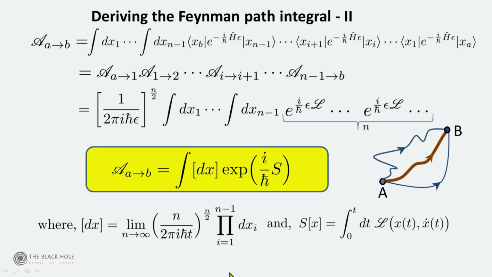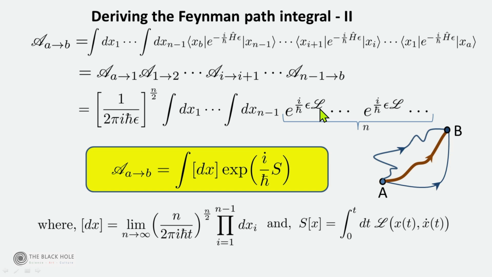And we've derived S as being the integral of the Lagrangian. Why? Because this epsilon is really dt, and so this is dt times L, and I keep adding those n contributions, and that's exactly what an integral means.